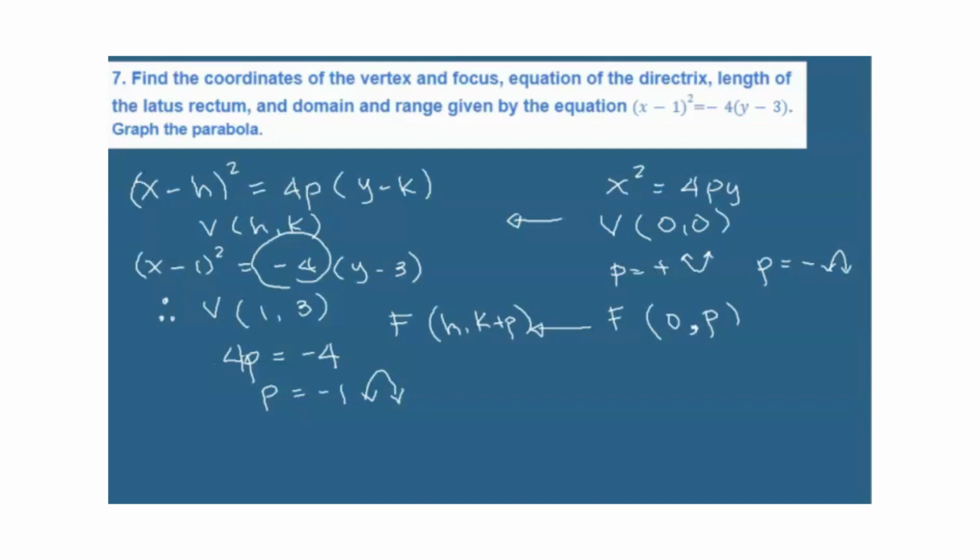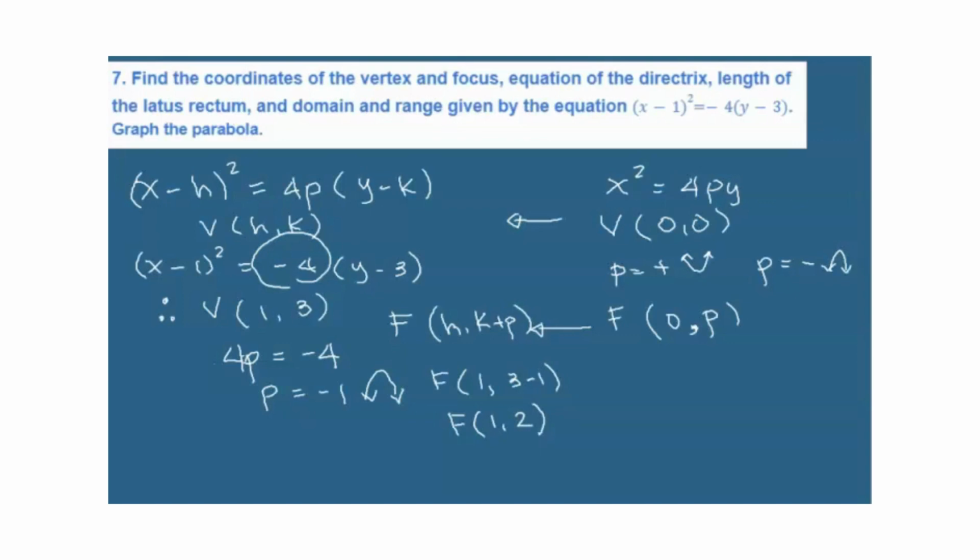So therefore, the focus would be at (1, 3 + negative 1). So the focus is at (1, 2).